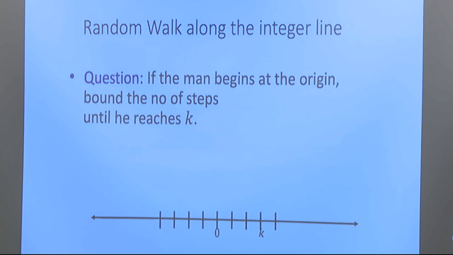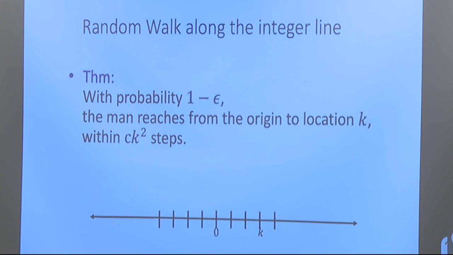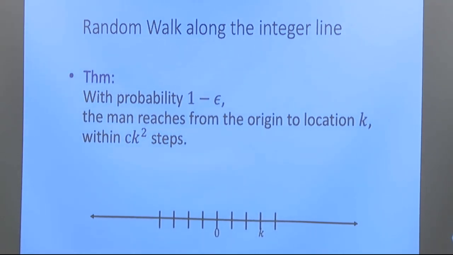With high probability, if the man makes c times k squared steps, where c depends on epsilon, then with probability 1 minus epsilon, he will reach position k. Okay? So we will use this fact for the analysis.